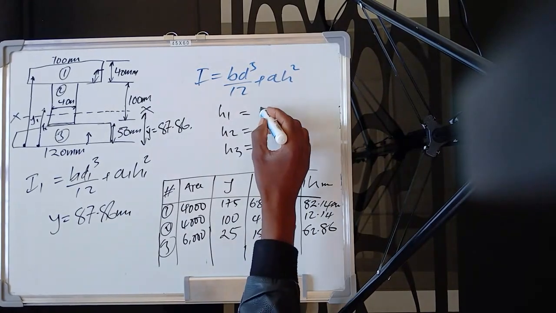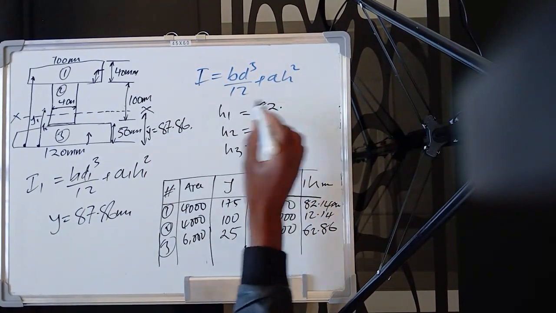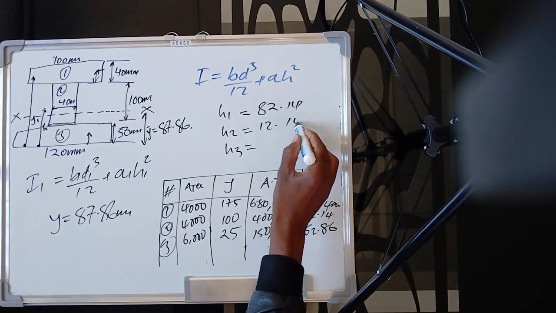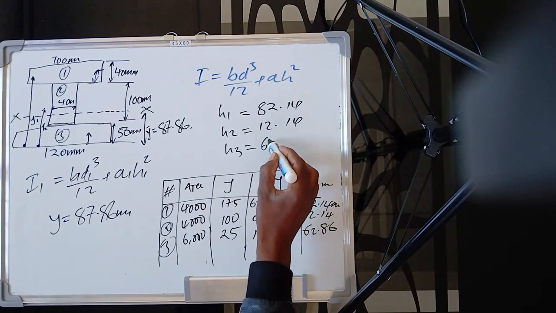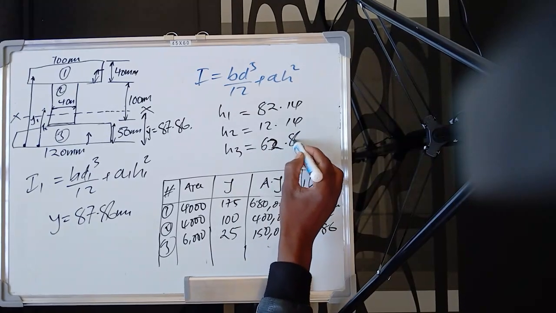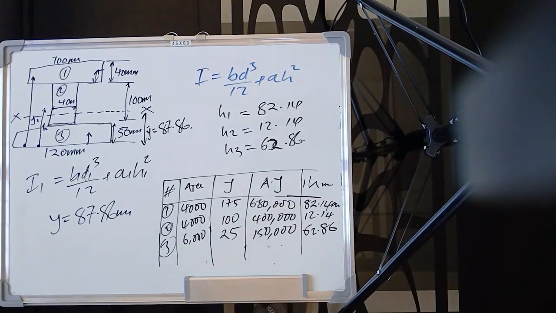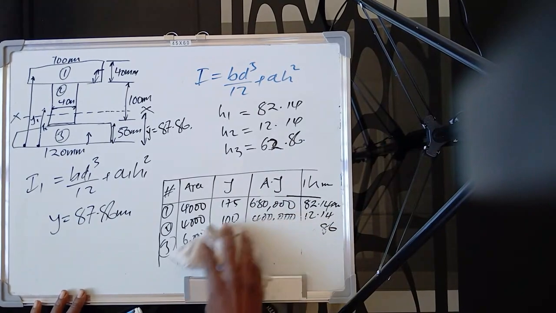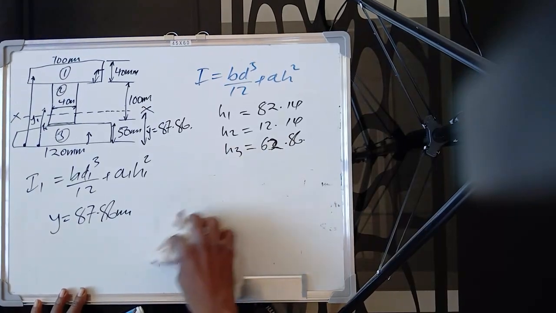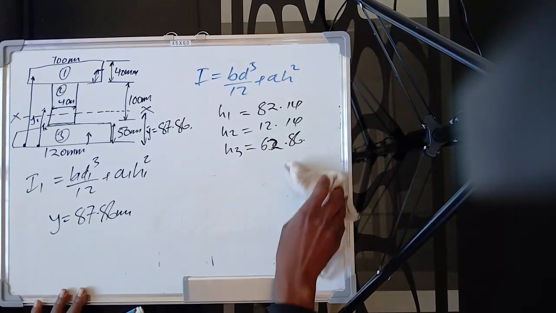So H1 is 82.14, H2 is 12.14, H3 is 62.86. Now you need to copy these figures correctly and punch your calculator correctly, because you don't want to make a mistake. Once you make a mistake, everything below is going to be wrong.